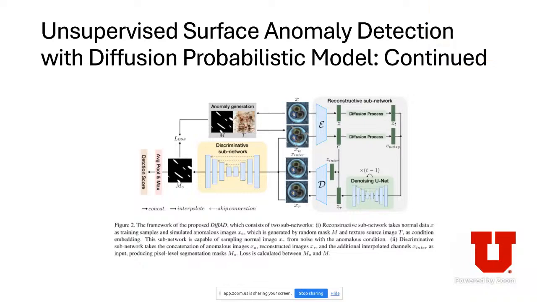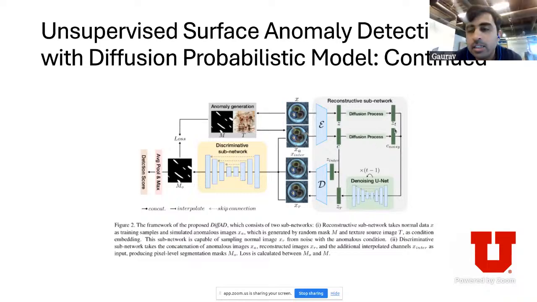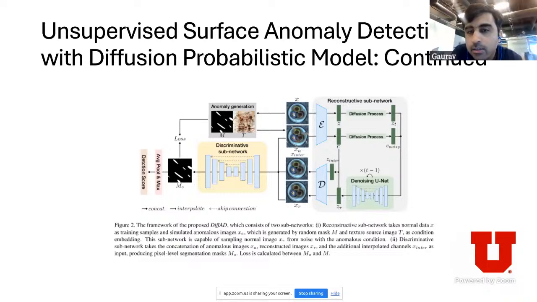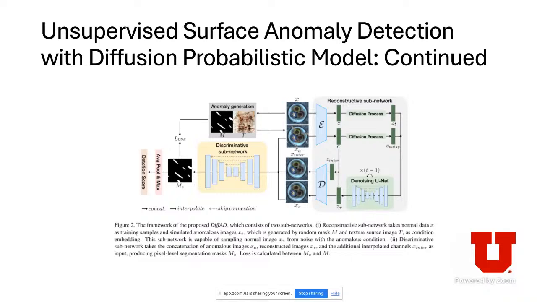Oh, from the figure. Okay. Yeah, that's the case. If you take a look at this part, Z_T would be at any time step, so that would be noised. So actually they corrupt the latent space. Yes, they put some denoising unit.